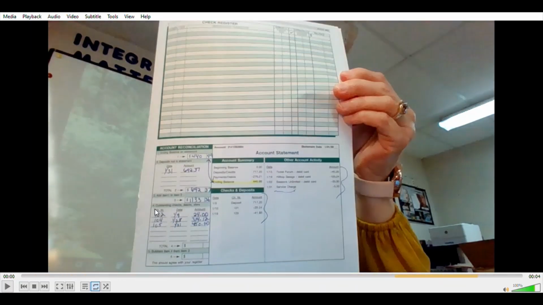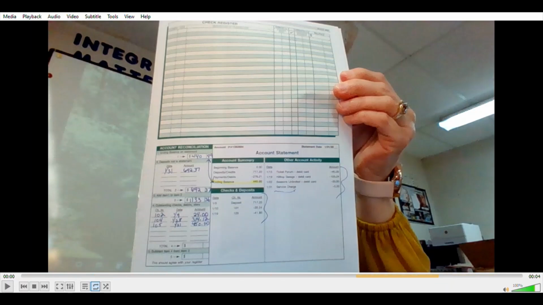Now we're ready for step 4. It says outstanding checks, debits, and transfers. This is where you're going to put anything that is in the check column on your Google Sheet that does not have an X next to it.